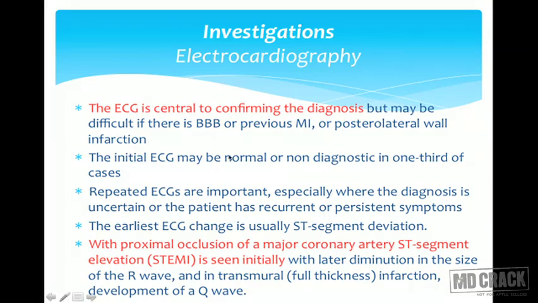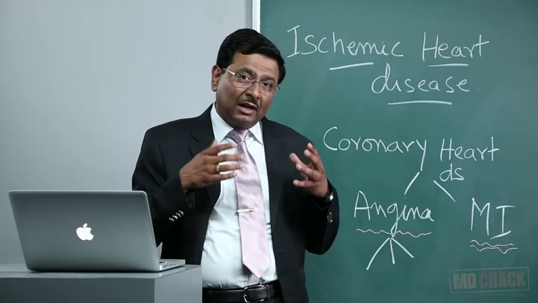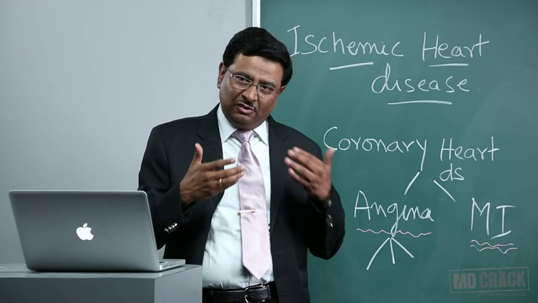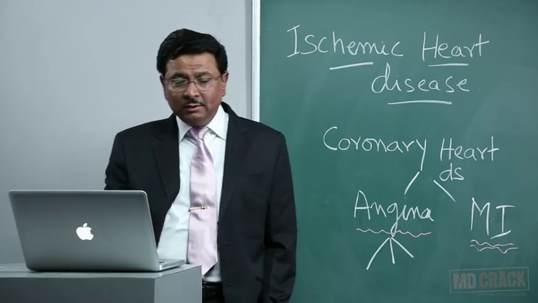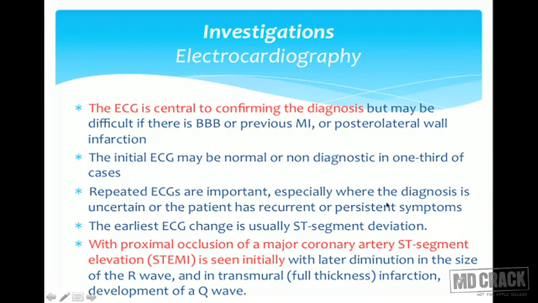The initial ECG may be normal or non-diagnostic in one-third of the cases. So if the initial ECG is inconclusive, what has to be done? Yes, you have to repeat the ECGs. Repeated ECGs are important, especially where the diagnosis is uncertain or the patient has recurrent or persistent symptoms. Definitely you have to go for a repeat ECG.